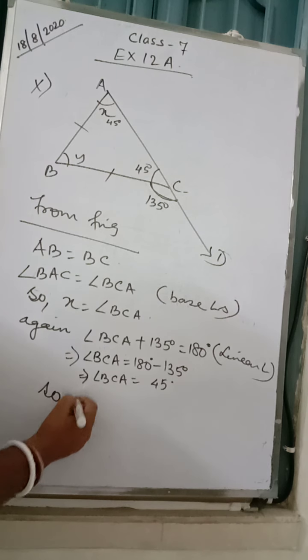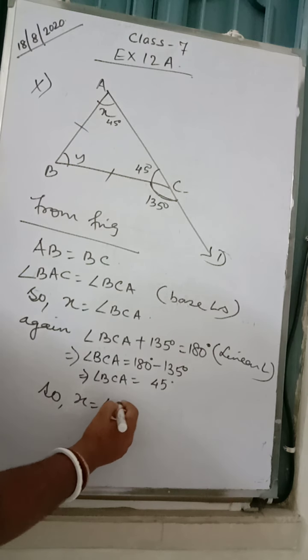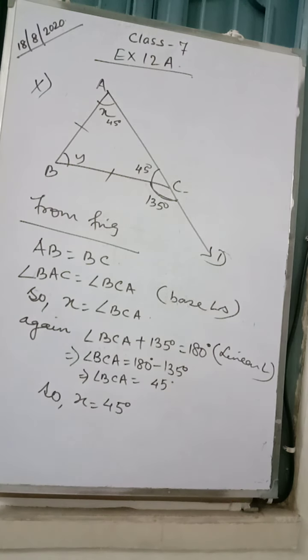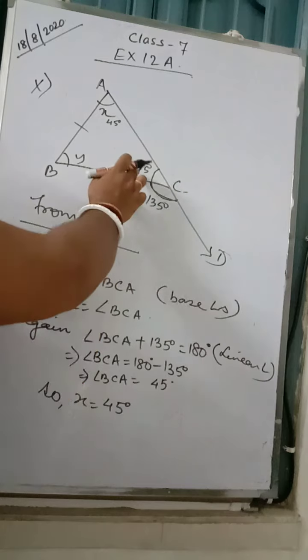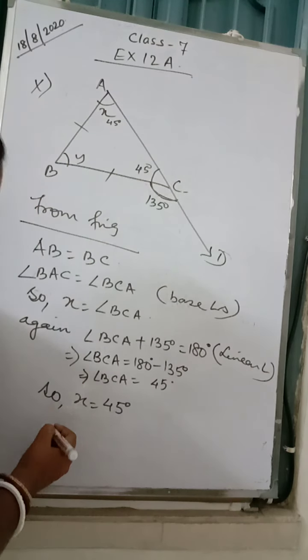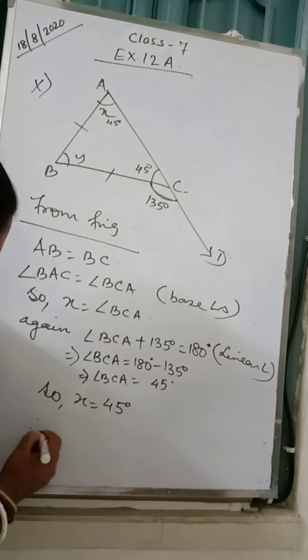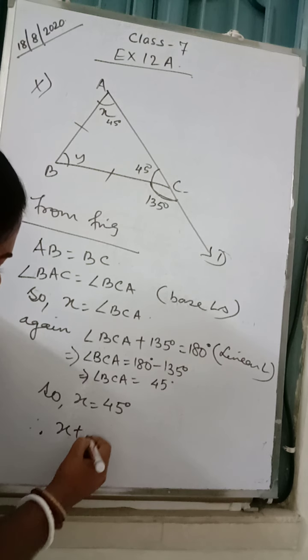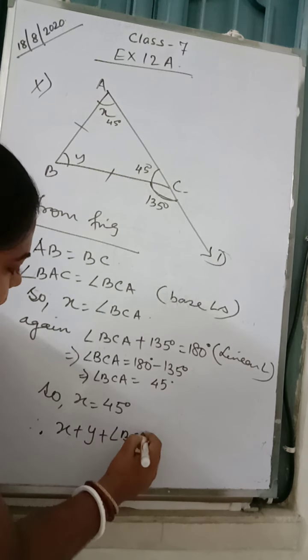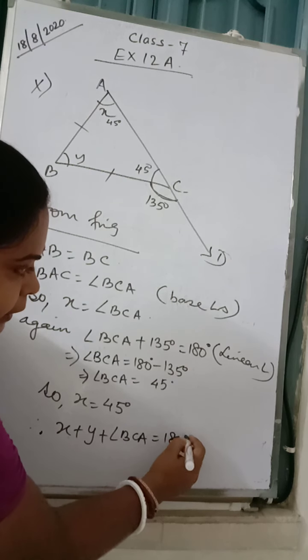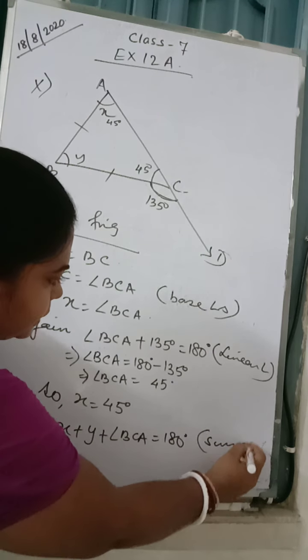Now if this angle is 45, X also would be 45. So X is equal to 45 degree. Is it? Because this BCA and X were equal, we have proved. Now if these two angles are 45, what would be the value of Y? X plus Y plus angle BCA is equal to 180 degree. Sum of 3 angles.